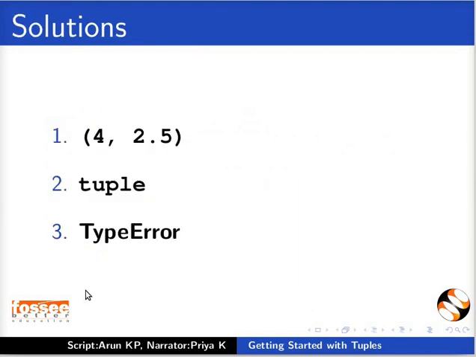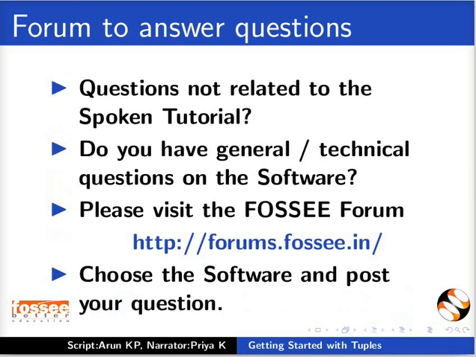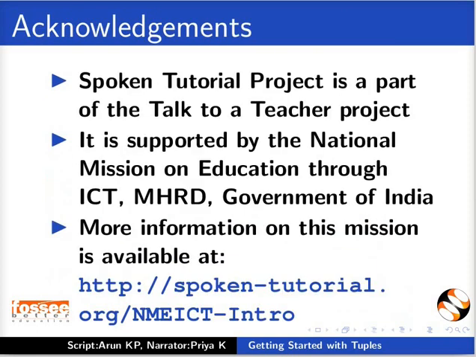Here are some self-assessment questions for you to solve. First, define a tuple containing 2 values as given below. The first value is integer 4. The second value is float 2.5. Second, if we type a is equal to 5, then what is the data type of a?